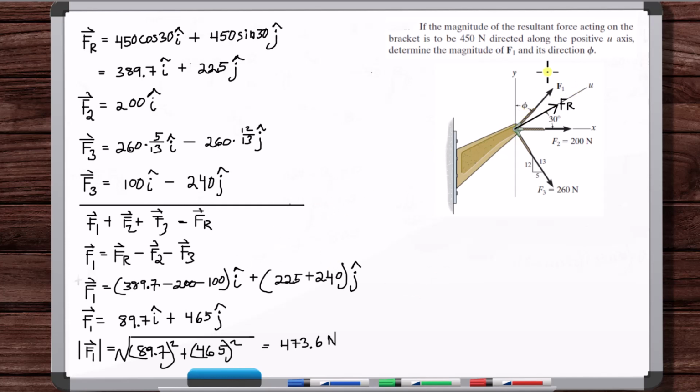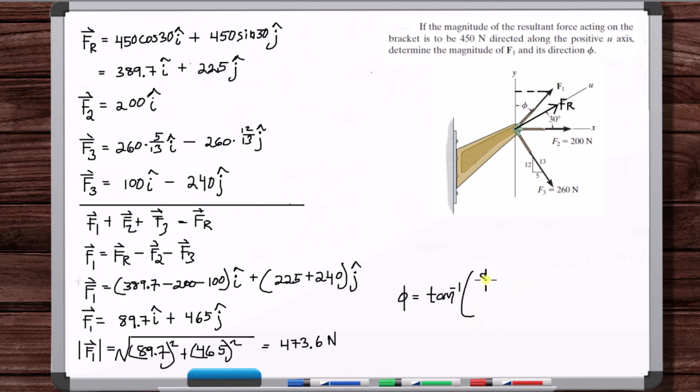Okay, but what is this psi? We've got the y component of F1, we've got the x component of F1. So arc tangent of opposite over adjacent. Psi is arc tangent of, and just put the magnitude.